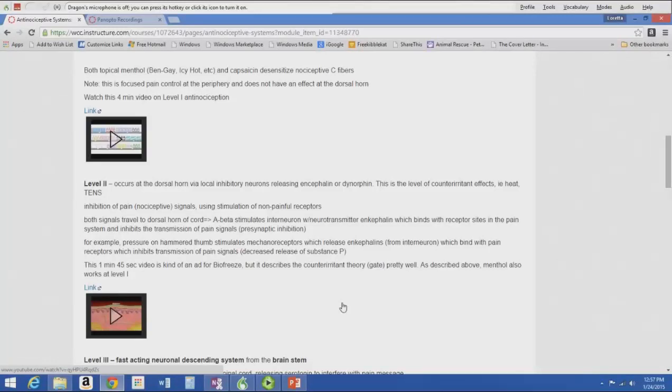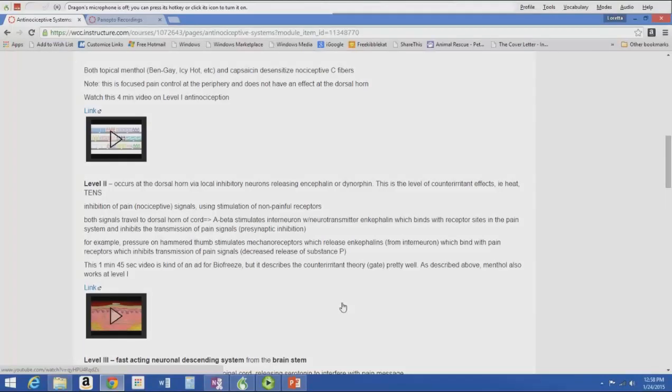So that's the example of the hammered thumb. You stimulate the mechanoreceptors, which releases enkephalins, which bind with the pain receptors and inhibit transmission of the pain signals. So we put pressure on a thumb to stimulate those mechanoreceptors and block the pain at the spinal cord dorsal horn level.